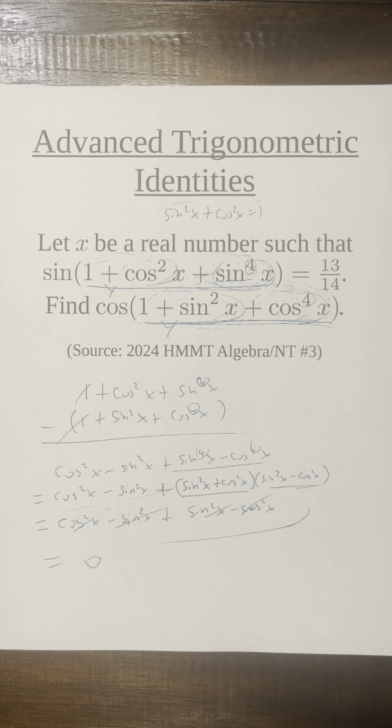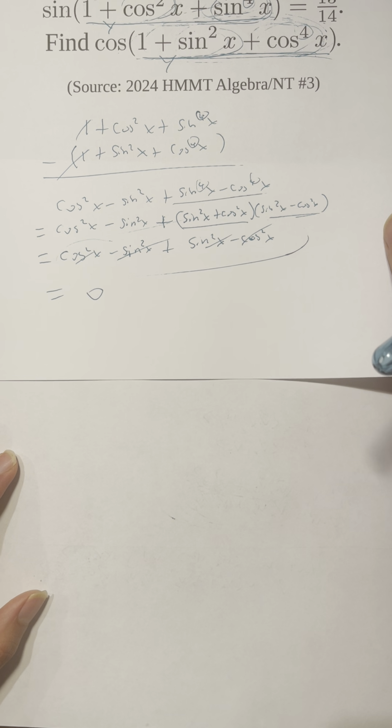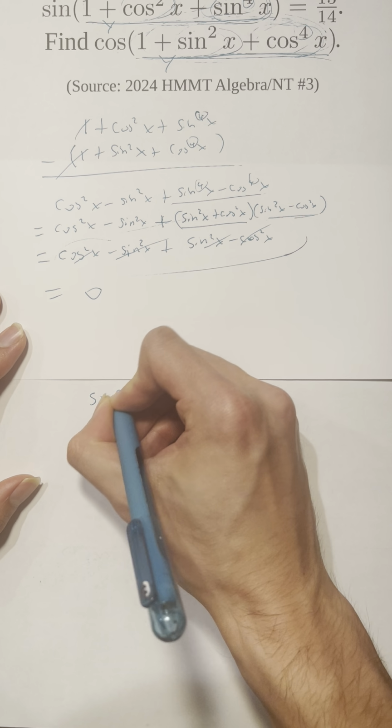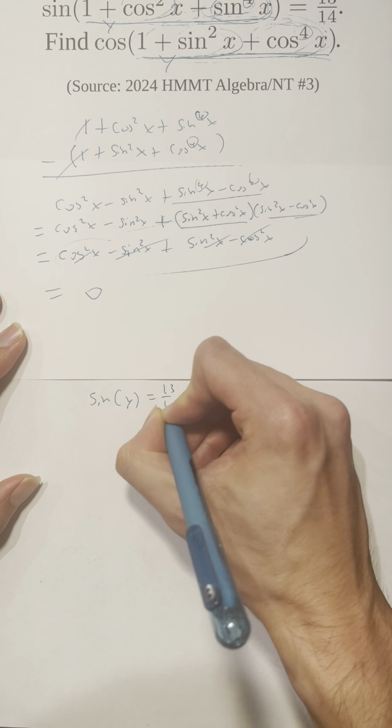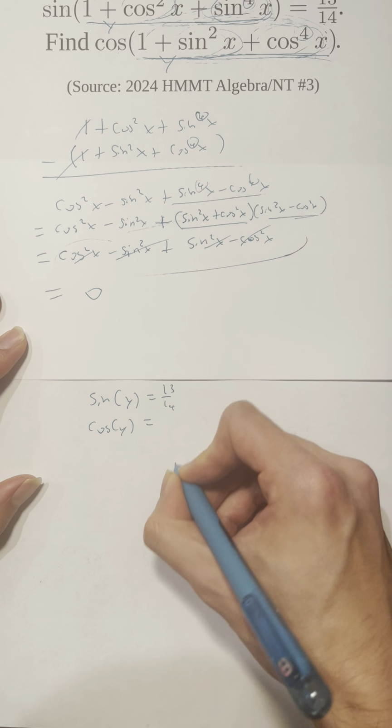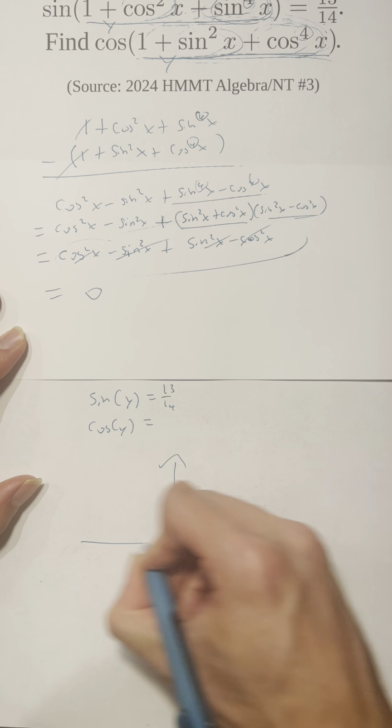And it looks like something we're familiar doing. So sine y equals 13 over 14, find cosine of y. Okay, so we can just draw out the right triangle.